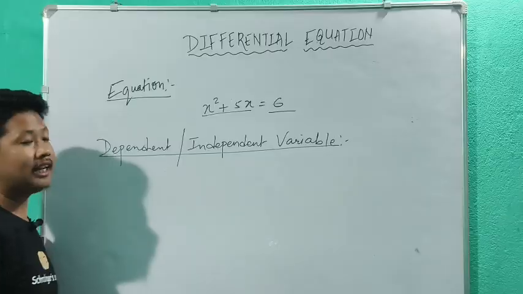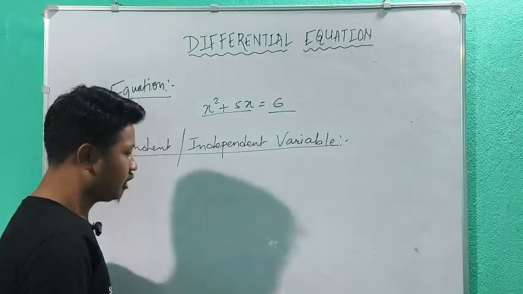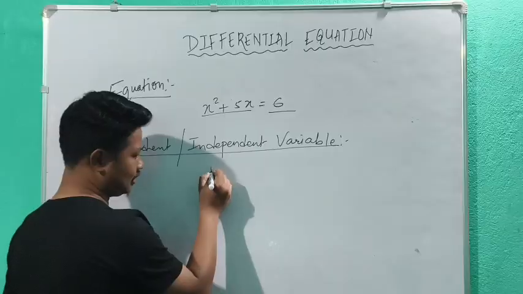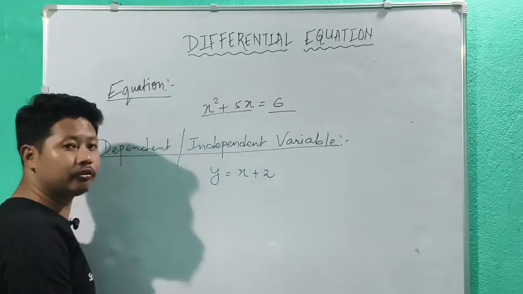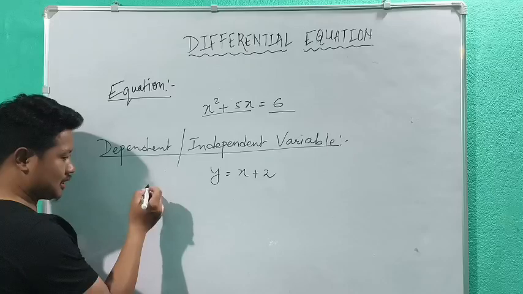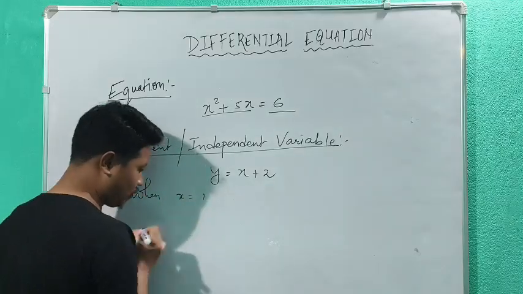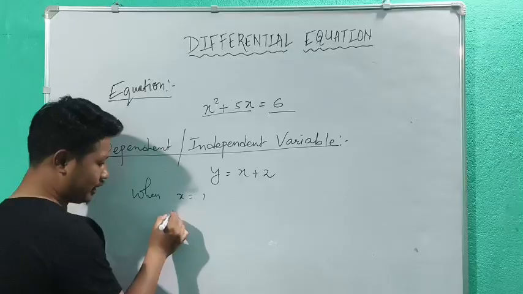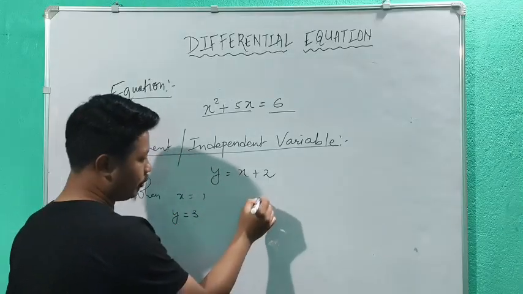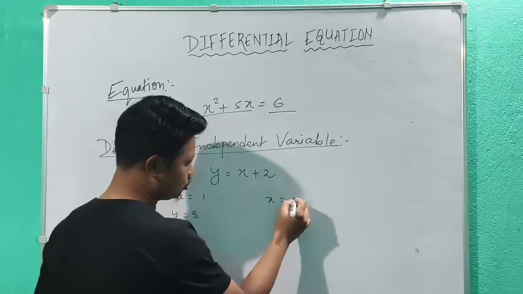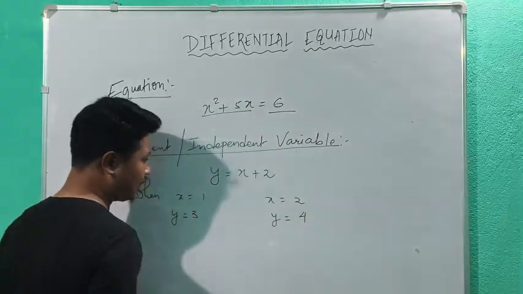Let me explain what dependent and independent variables are with a very simple equation. First I will put the value of x. When the value of x is equal to 1, I get the value of y equal to 3. And when the value of x is equal to 2, the value of y will be 4.